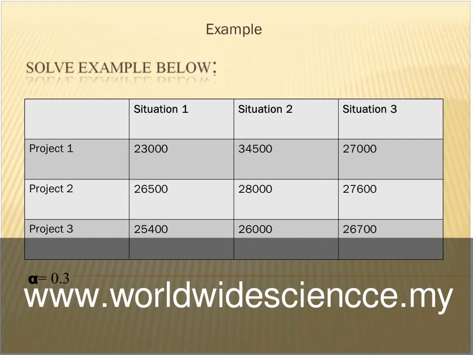For project 1, each situation should be multiplied by its alpha. Situation 1 for project 1 is 23,000, multiplied by 0.3, plus situation 2, 34,500, multiplied by alpha 2, that is 0.5, and situation 3 is 27,000, multiplied by 0.2.